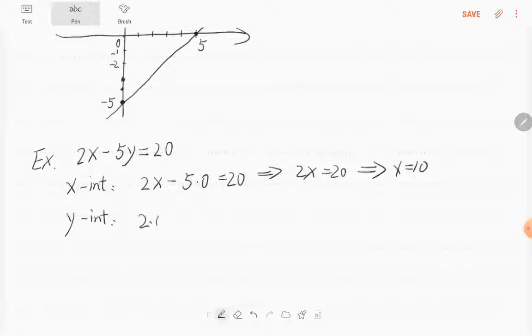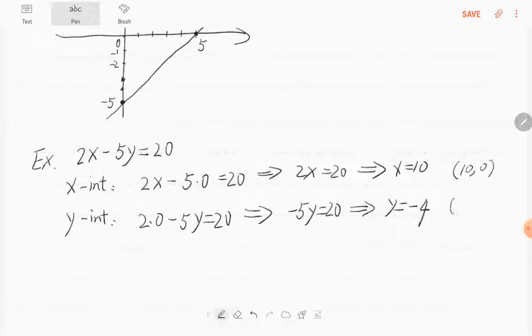So 2 times 0 minus 5 times y equals 20. This tells you that negative 5y equals 20. Then dividing by negative 5, you have y equals negative 4. So the x-intercept would be (10, 0), and the y-intercept would be (0, negative 4). So you can locate these 2 points to draw the graph.